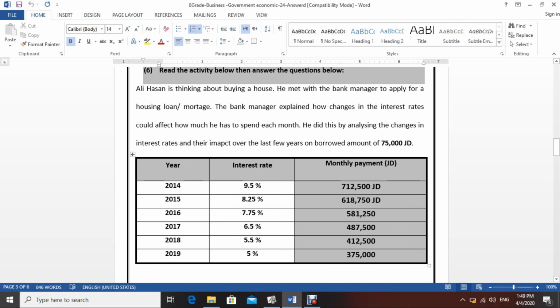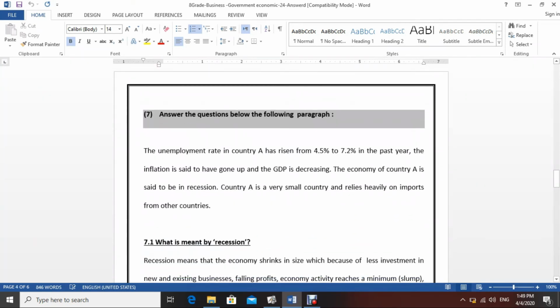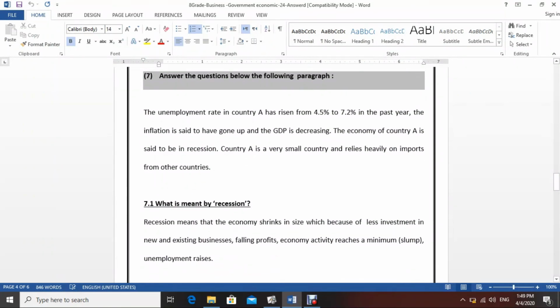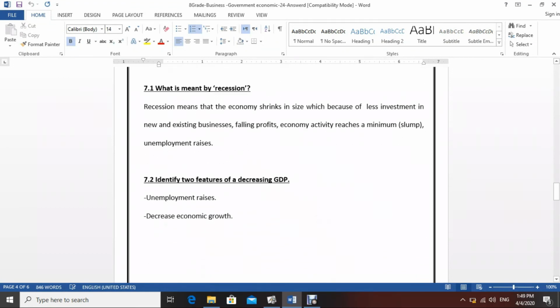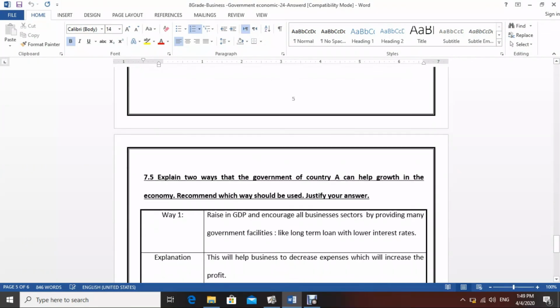We just multiply the 75,000 by the percentage here, and we have the number to put here. Okay, guys, what else do we have? Answer the question below the paragraph, the unemployment rate in country A. I think we just answered this before, and how to do that.